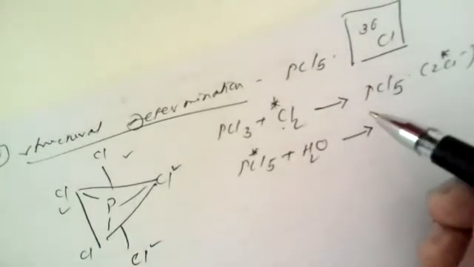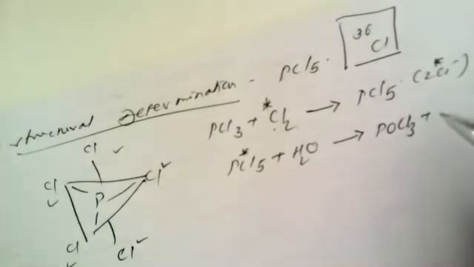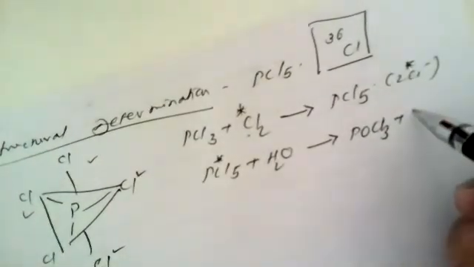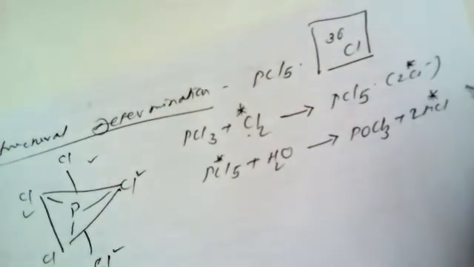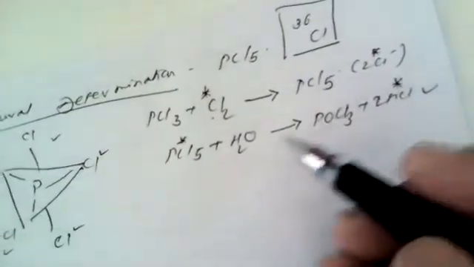On hydrolysis of this, it can form a deadly poisonous gas known as phosgene gas, and twice HCl is produced. Now, what does this characteristic reaction indicate?